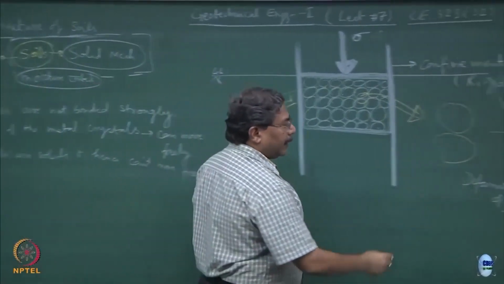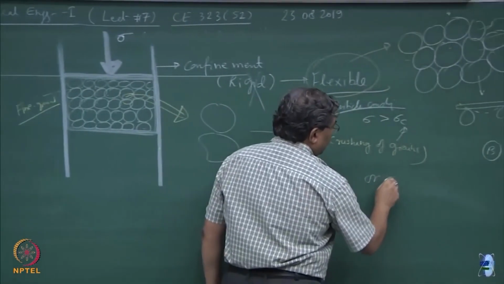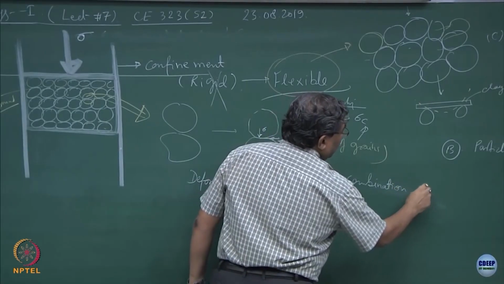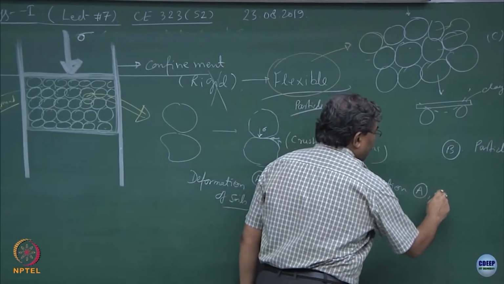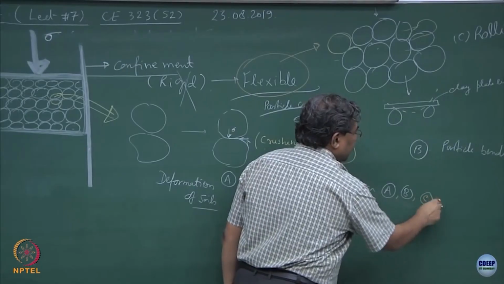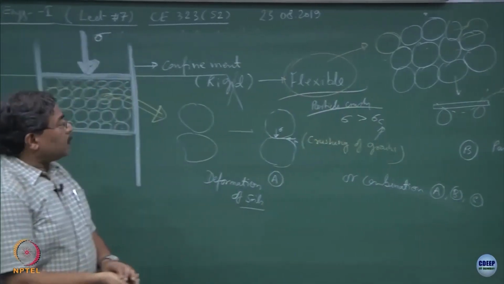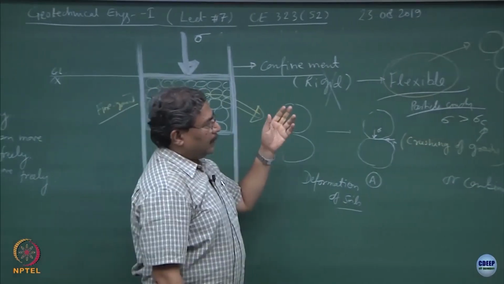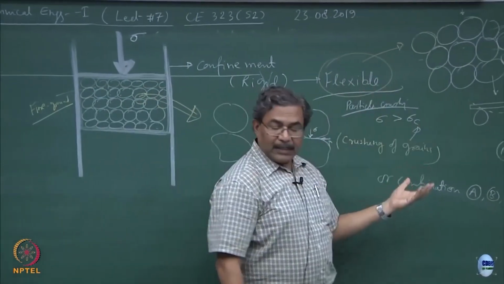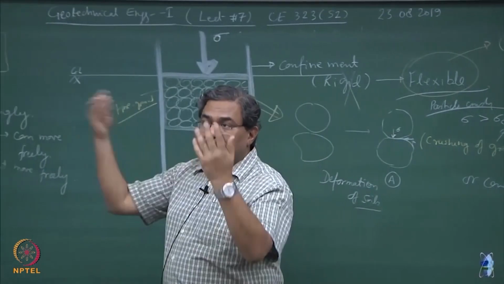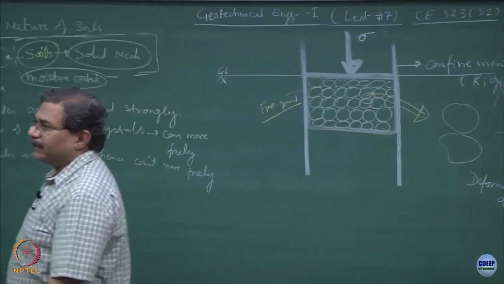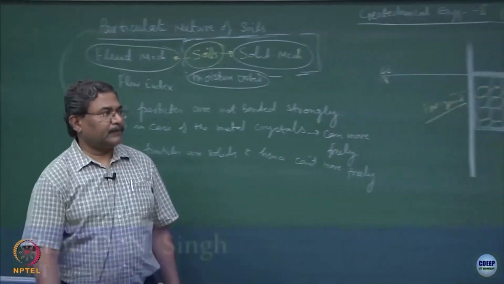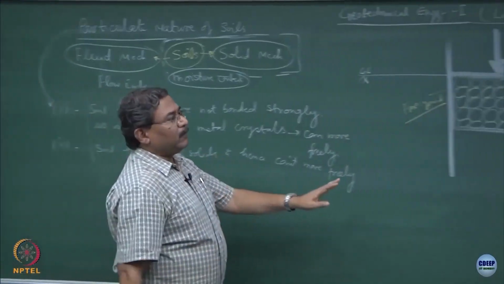So this would be either A, B, C or a combination of A, B and C. Depending upon the constituents of the material, the fraction or the type of mechanism which is going to supersede others would change. These are the hypotheses. Henceforth the entire discussion would be only in this form.